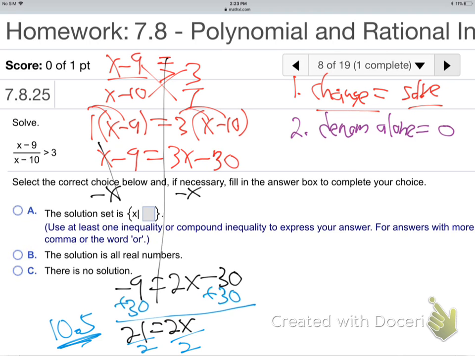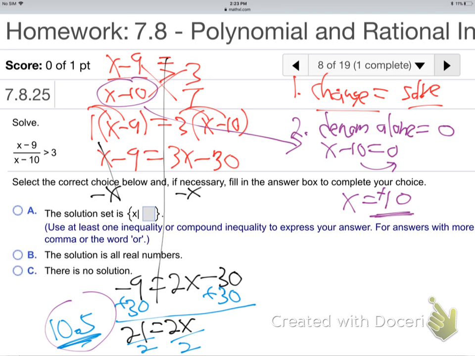So what's the denominator alone? That's just the X minus 10. So X minus 10 equals 0. Move it over. X is positive 10. Good there? So we got our two answers now. We got our 10.5 and our 10. Those are close. 10 and 10.5 are our two answers.